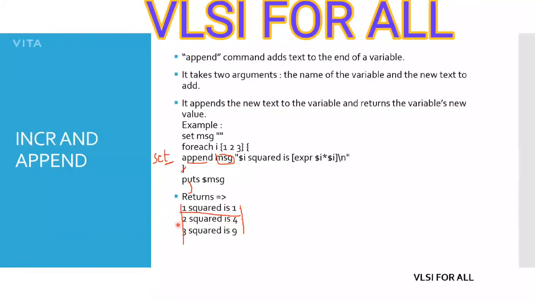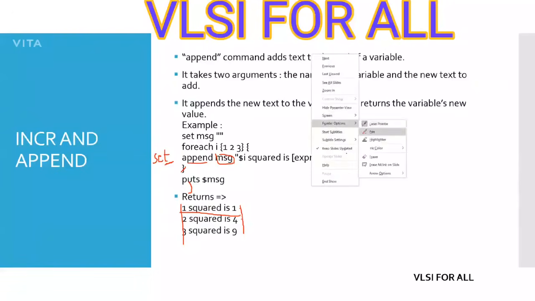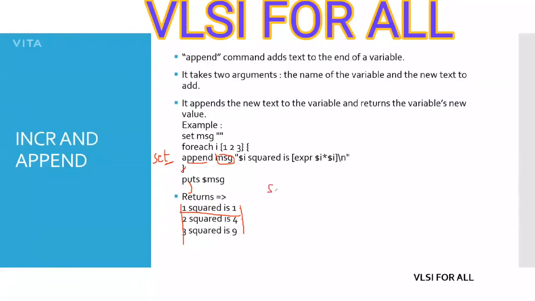Anytime you use a set command, it's going to set whatever value you have applied at that time and forget any value already applied. For example, set A is 2 and set A is 5. When you do a puts of A now, it's going to print 5 and forget 2.